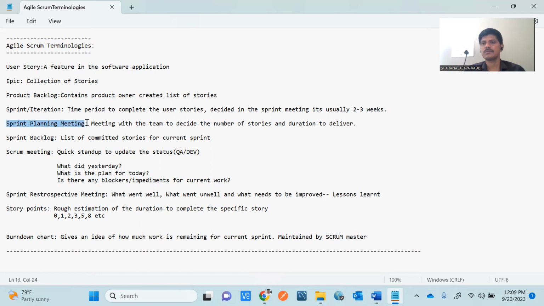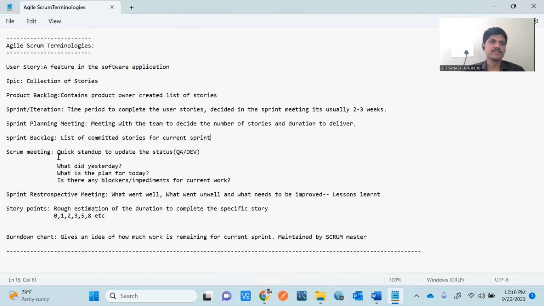For the current sprint, how many stories we can consider and what is the delivery time for those decided stories. Sprint backlog is nothing but, after deciding the number of stories for the current sprint, those will be moved into the sprint backlog. So the sprint backlog will have the stories committed for the current sprint.